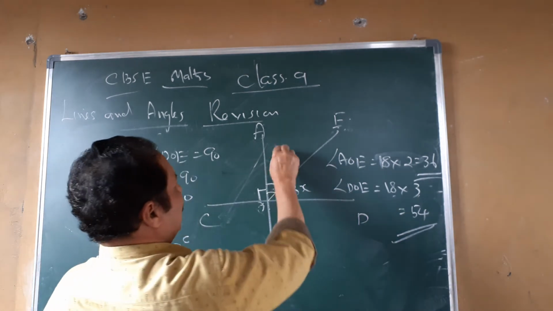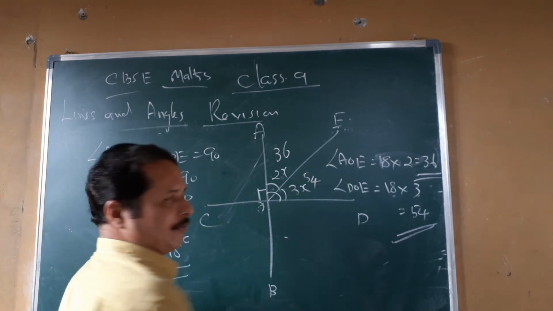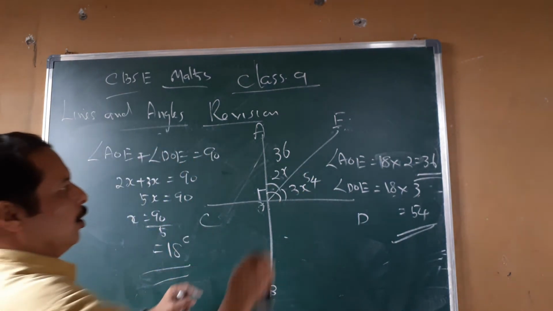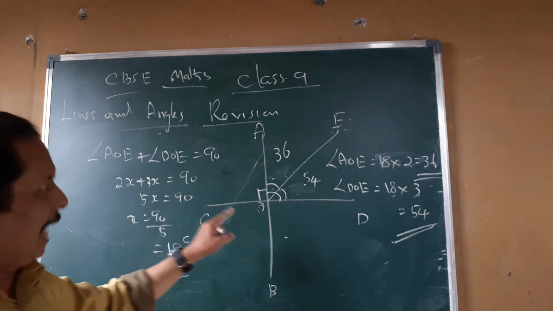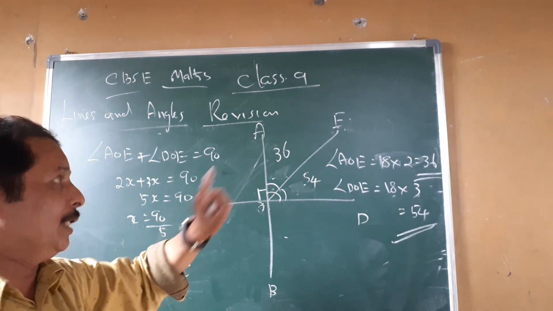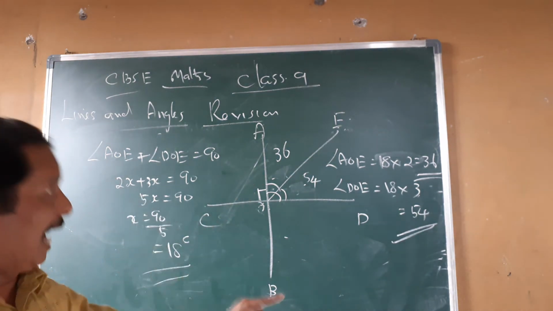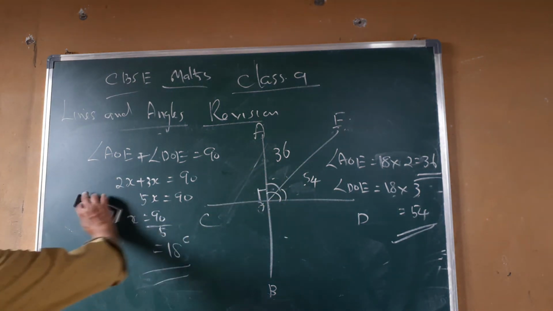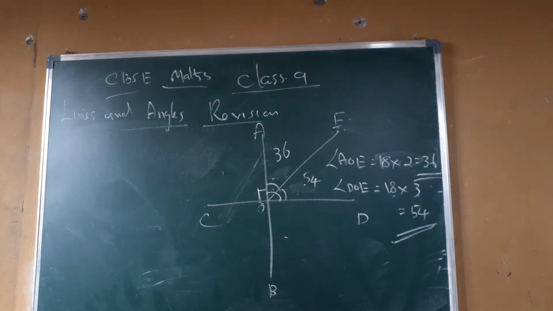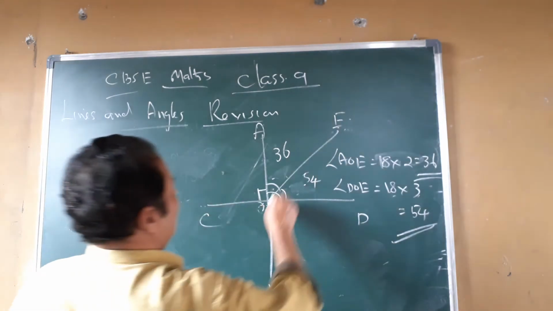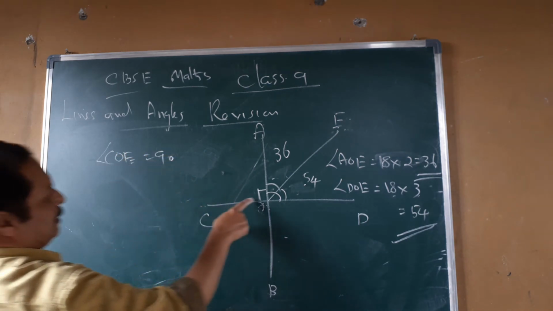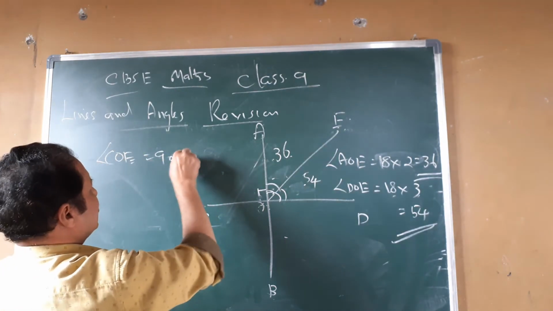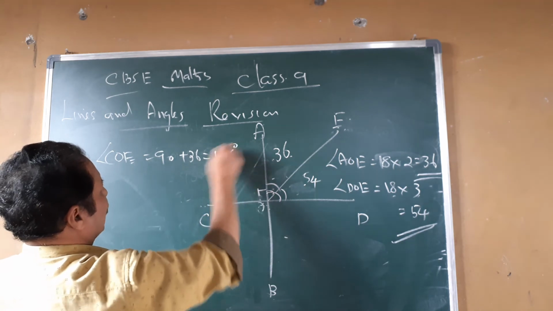So the two angles are 36 and 54. And our question starts. First question is angle COE. Already this angle is 90 and this is 36. So your answer is 126.